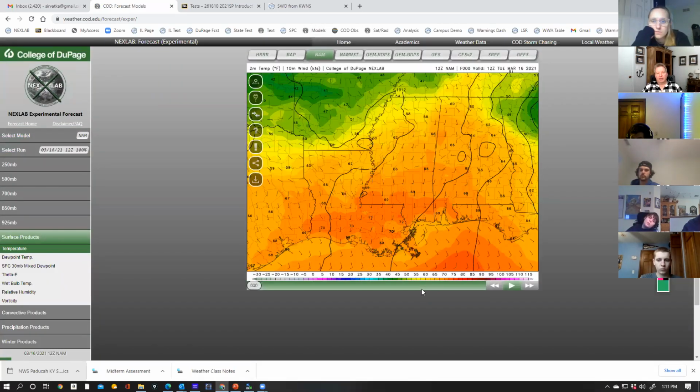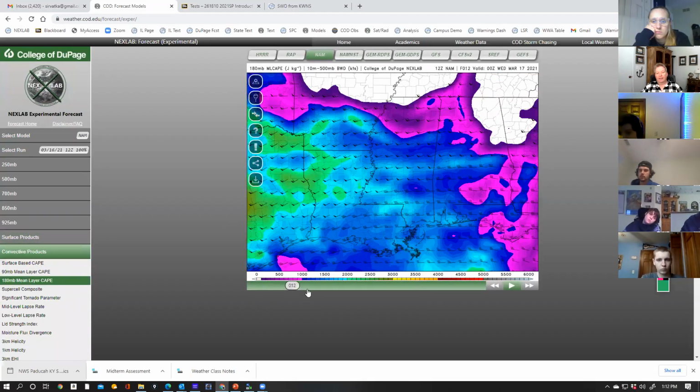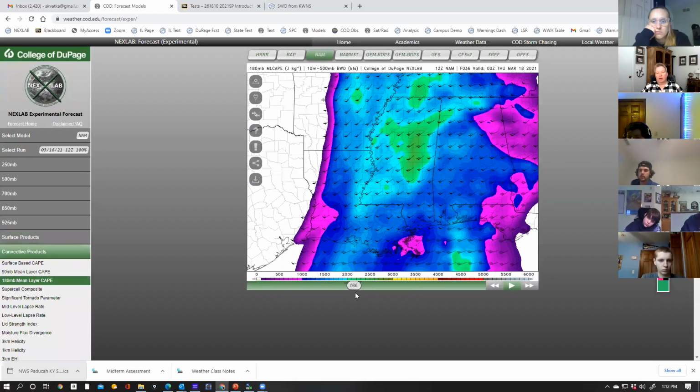Okay, so the first thing that we're... Oh, this is fine. What I can do is I can show you CAPE. So I'll look at CAPE on here, and you'll see that tomorrow there's a large area where the CAPE is over 1,000 to maybe 2,000 joules per kilogram.